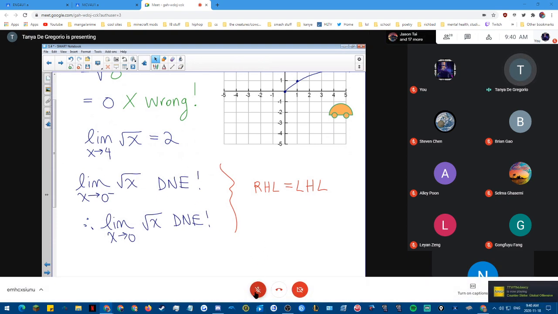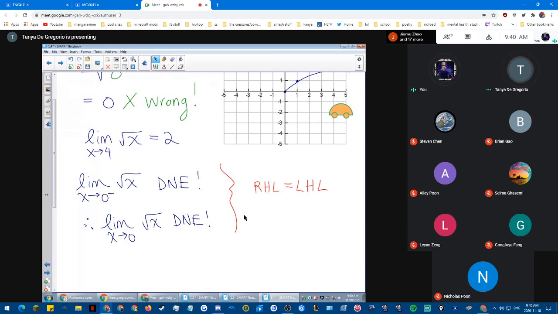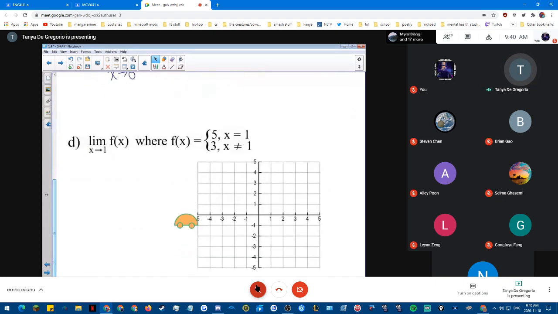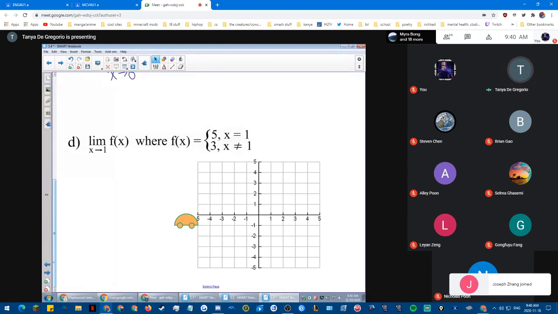Are there any questions here? Yes. Oh, no, you can just say it. If I ask you to evaluate a limit like this, you can just say does not exist. Okay? Good. We're going to talk about continuity, and when we talk about continuity, you're going to learn about the steps.